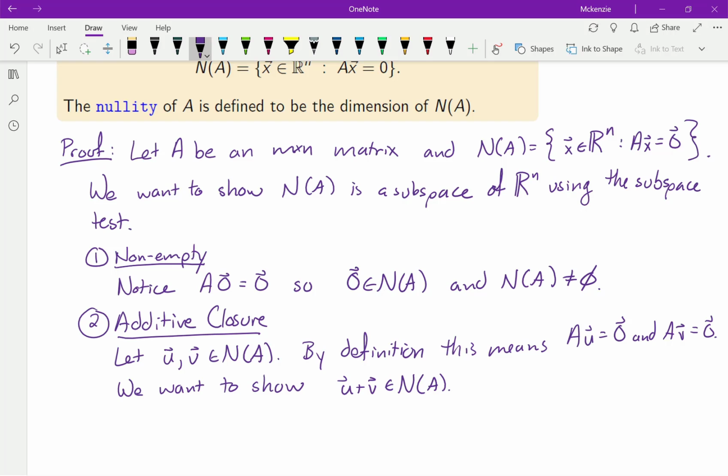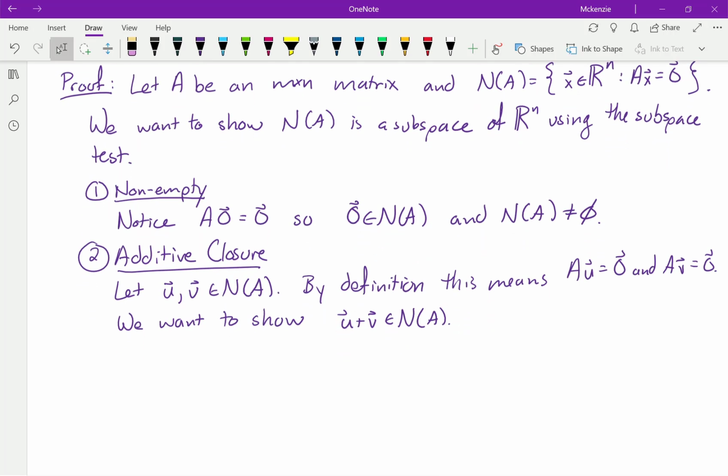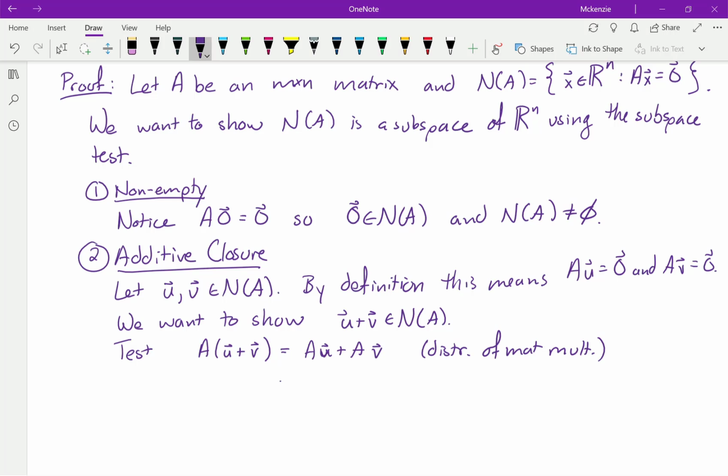So again, let's think about what that means. That should mean that A times (u plus v) equals the 0 vector. So let's test this. Is A times (u plus v) zero? Well, we can use distributivity of matrix multiplication. But now we know what A times u is, and we know what A times v is.